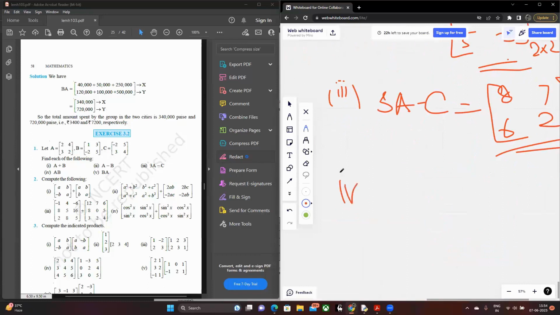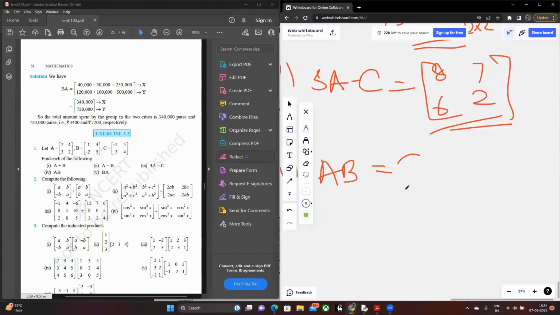Question number 4. That is A times B. What I've already told you is that AB is going to be the set of Cij such that Cij is equal to the sum over k of Aik into Bkj. That means that the first element is going to be this row multiplied by this column.